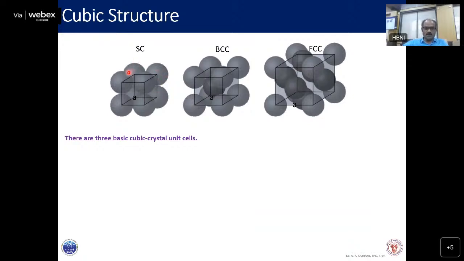One is simple cubic. Suppose I consider this sphere as an atom. There are 8 atoms fixed at the 8 corners of the cube.